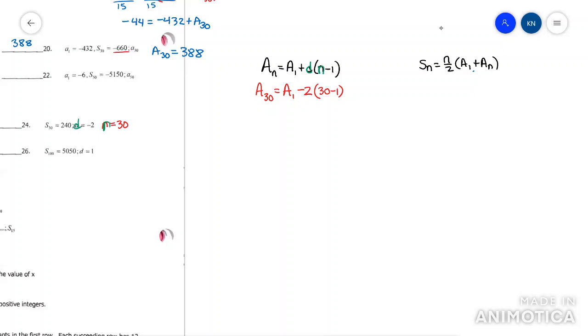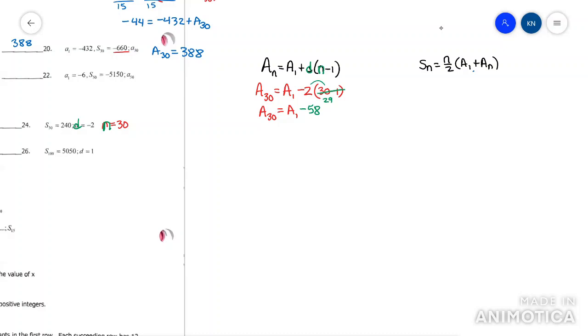So basically what you're going to want to do here is distribute the -2. Actually, I would probably go ahead and call this 29, because then you can just do -2 times 29, which is -58. And you're going to slam the brakes there.